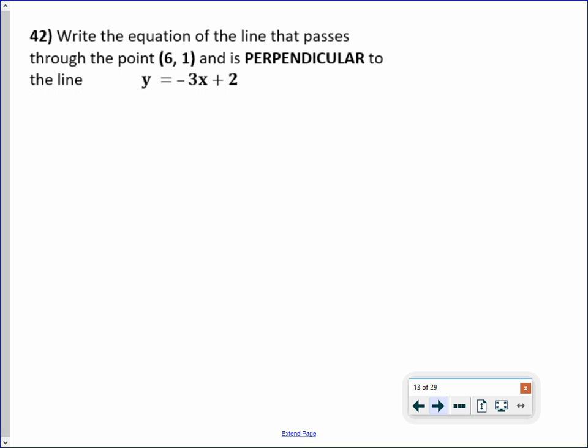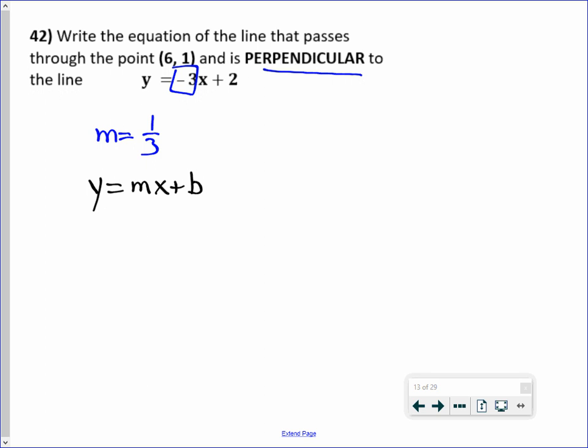Here, this one though is different, perpendicular. So if the slope of this line is -3, then the slope of the line perpendicular is the negative reciprocal. So you take -3, you flip it upside down, and you multiply it by -1, and then negative times a negative is a positive.